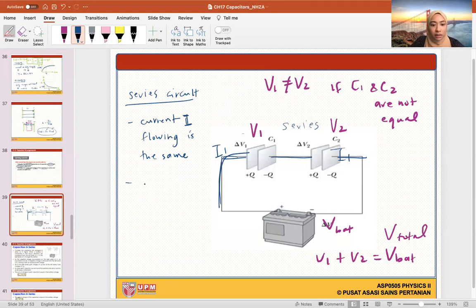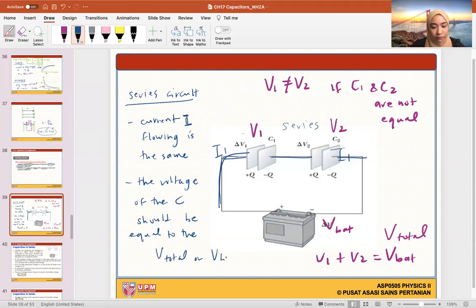And for a series circuit, the voltage of the capacitors should be equal to the total voltage, or V battery. Okay, so that is for a series circuit. So I should be the same. V is the sum. V1 plus V2 should be equal to V total. Okay.